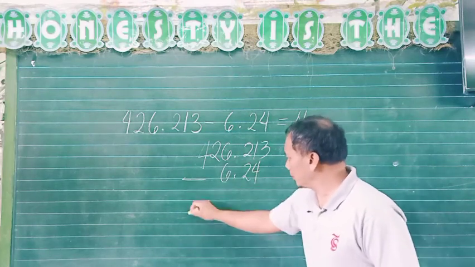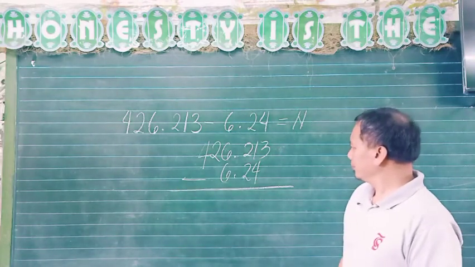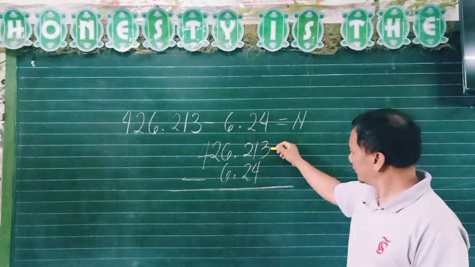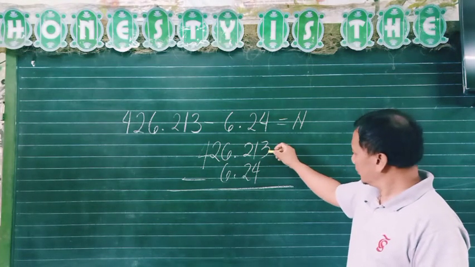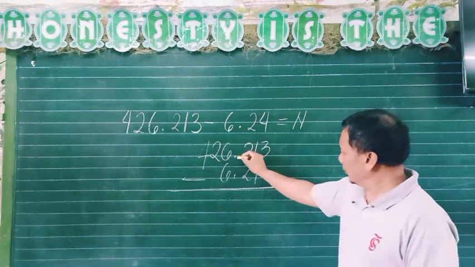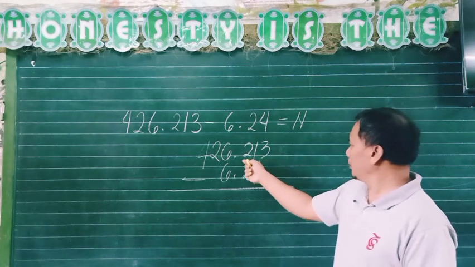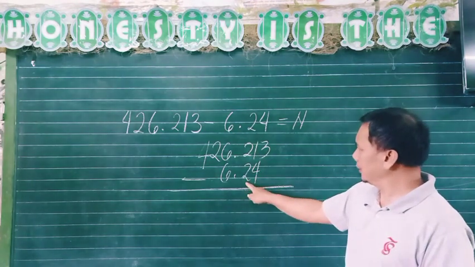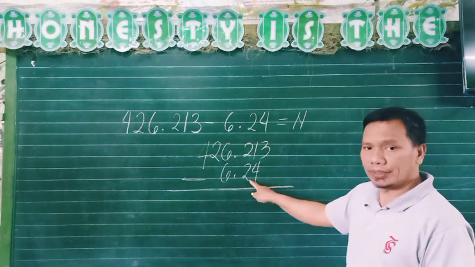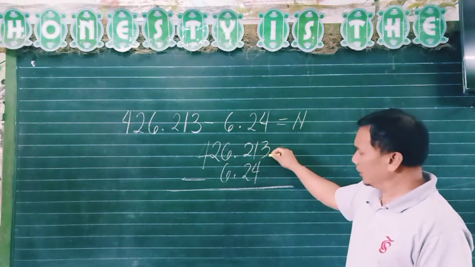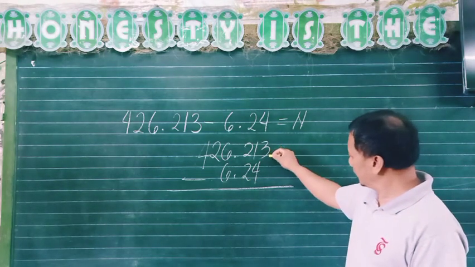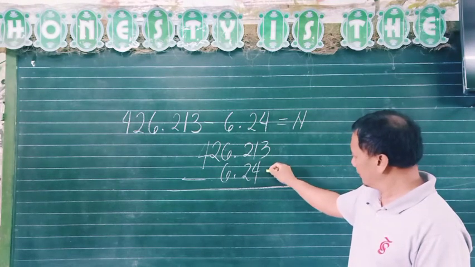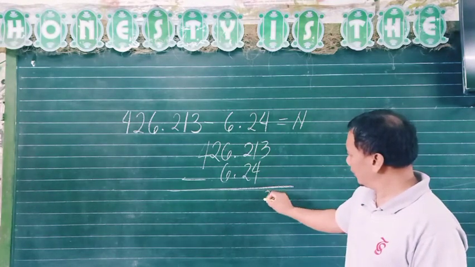Then do not forget the operational sign. Then subtract. Start from the right. Take note, there are more decimal places in your minuend compared to your decimal places in your subtrahend. In this case, you just bring down the number without the other number of decimal places. So you bring down 3.